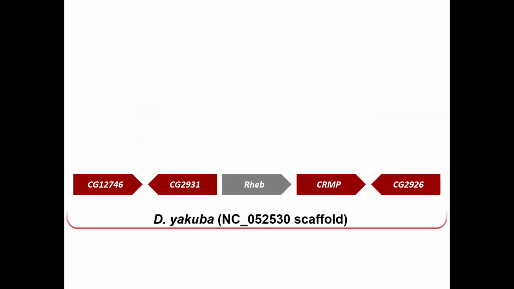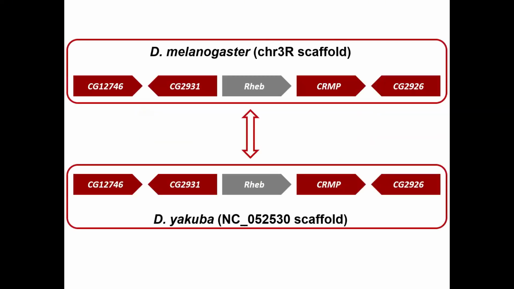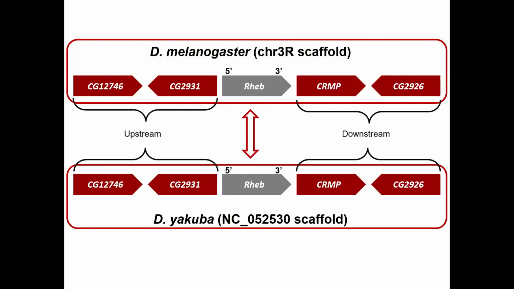After we draw our sketch of the RAB gene in D. jacoba, we will compare the relative order and orientation of the genomic neighborhoods of RAB between D. melanogaster and D. jacoba. If the genomic neighborhood looks similar between RAB in D. melanogaster and the putative ortholog in D. jacoba, then we can be confident that we have found the best candidate for the ortholog.